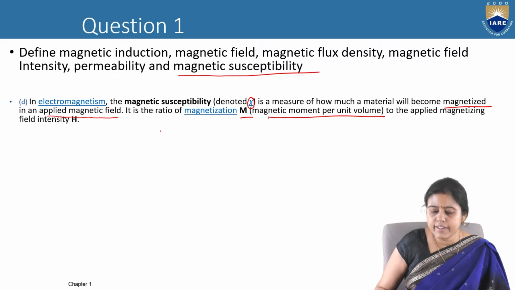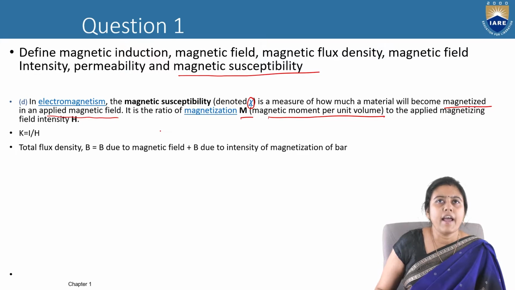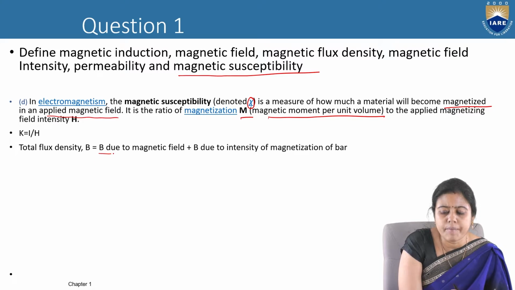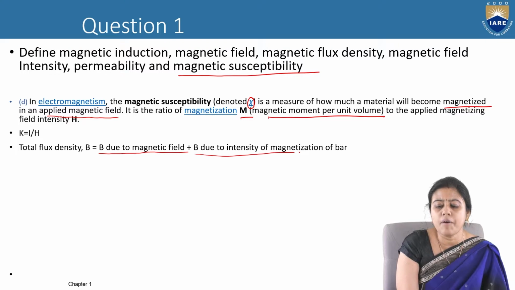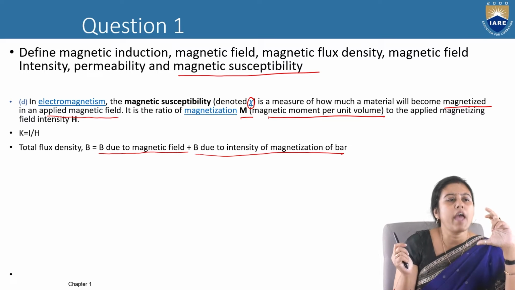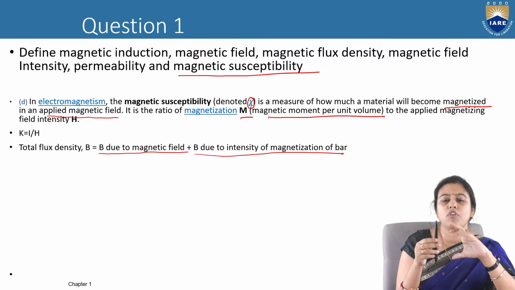We can write that, first, the constant K is equal to I plus H, and the total flux density is B. Actually, B is due to the magnetic field and due to the intensity of magnetization of the bar. What does it mean? We have a magnetic bar and we have an iron bar.